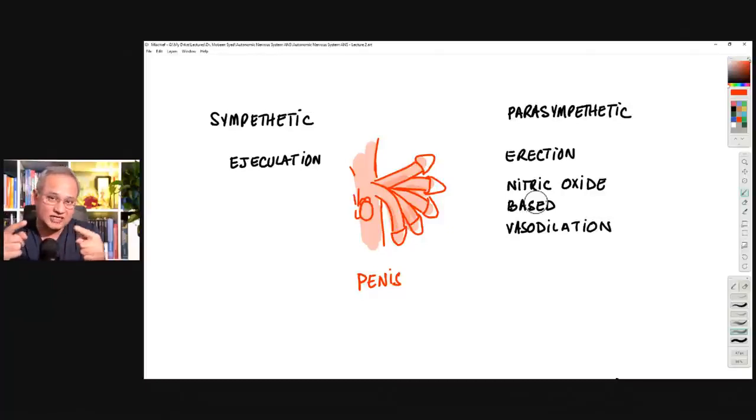This is not called congestion. Congestion is, for example, lungs got congestion. Congestion is when fluids come out of their physiological spaces and they cause a problem. Here, we are deliberately closing the veins. The outlet of the blood is closed, inlet is dilated. That brings more blood, but blood has nowhere to go. So, where would it stay? In the penis. That causes the penis to erect.